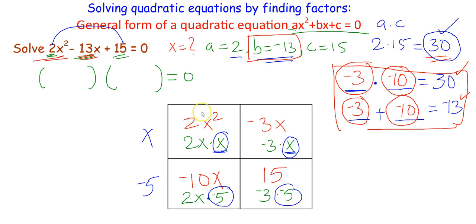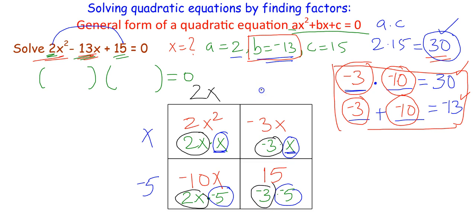Now what is left here? You have 2x in the first box and again 2x in the third box, which is the common factor between them. So that comes up over here. That is 2x. And in the other two boxes, -3 and -3.